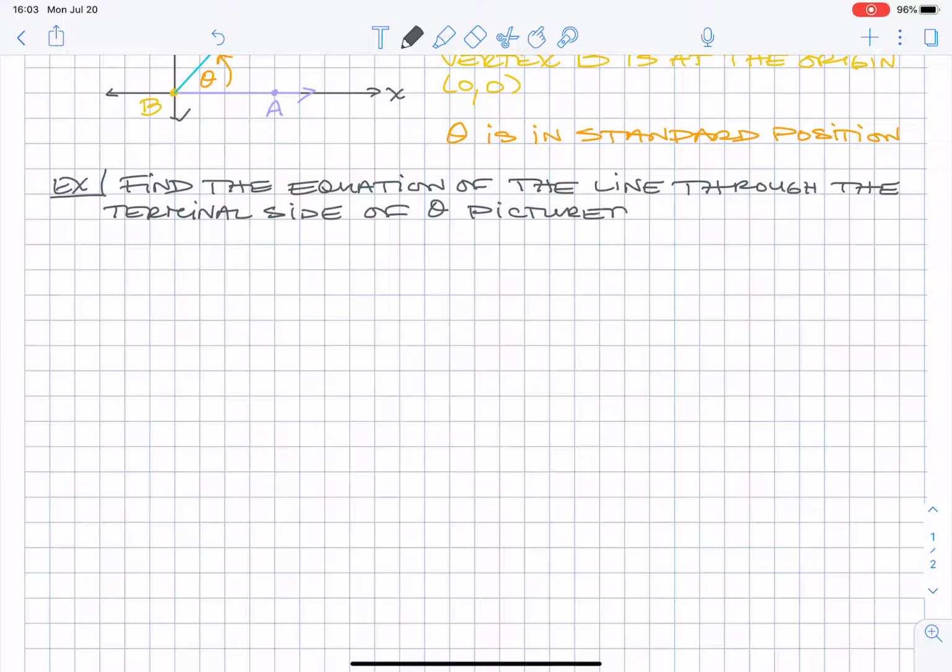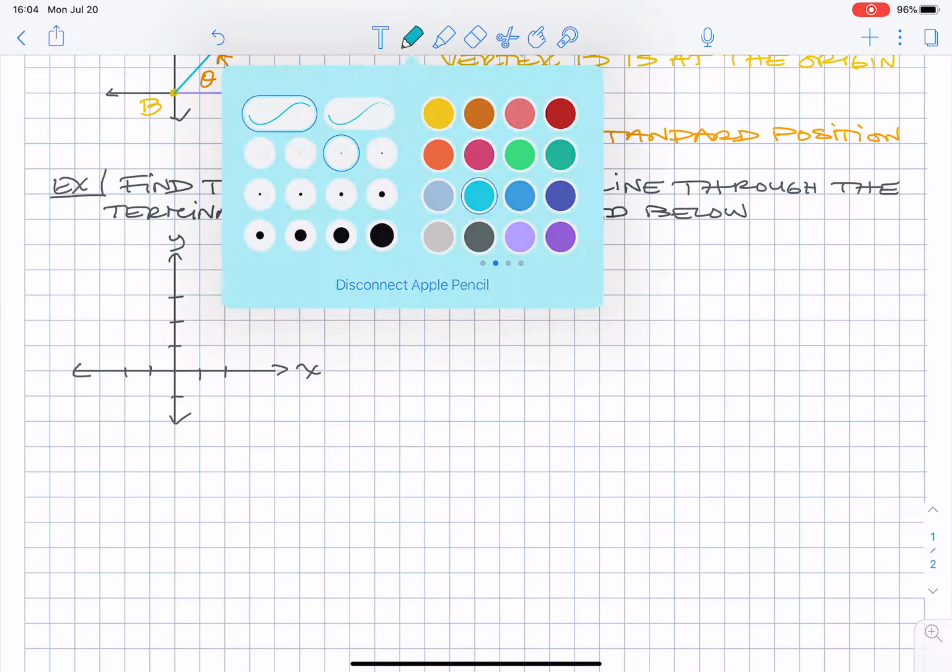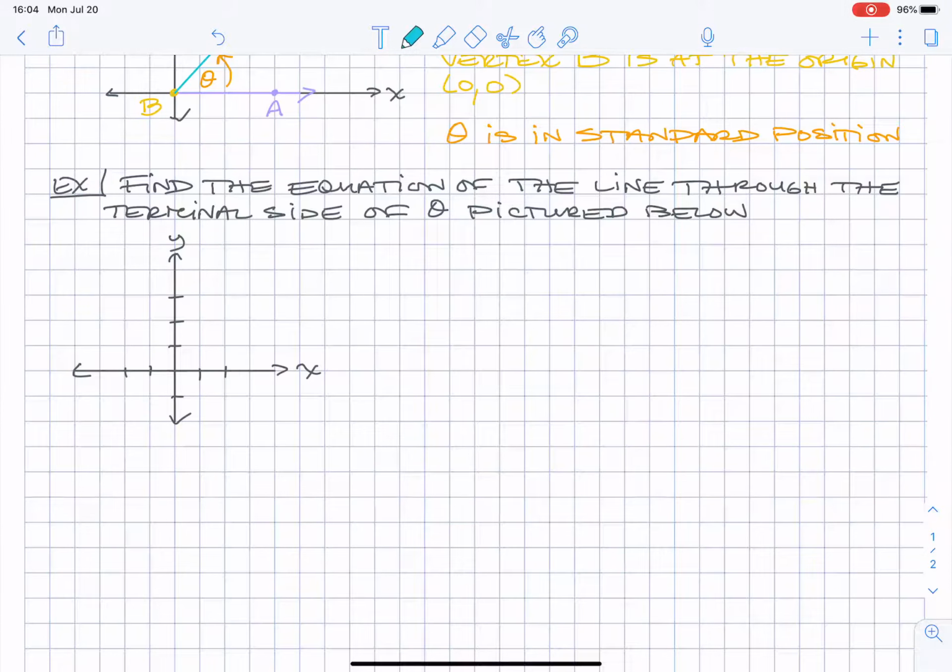So let's go ahead and draw our x and y coordinate axes. 1, 2, 3, 4, 5, something like so. So we have our x and y axes. Okay, so let's say I have a line that goes through something like so.